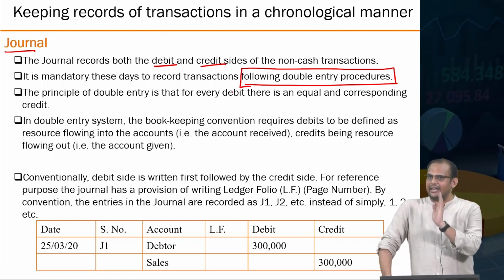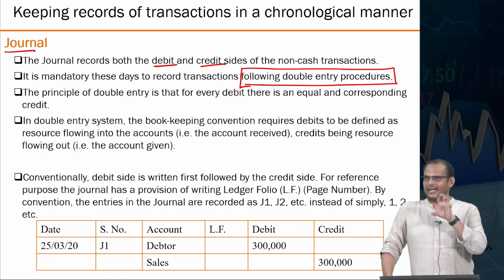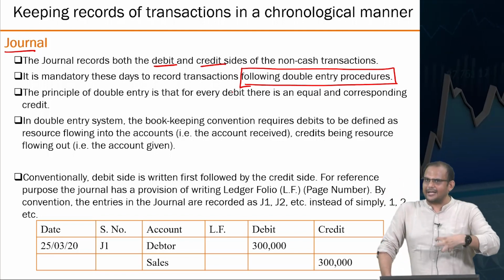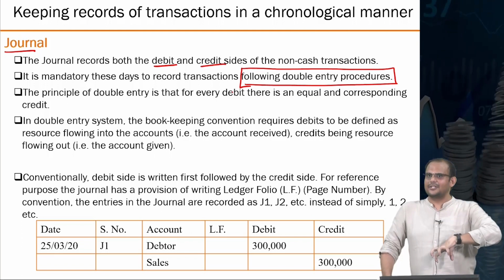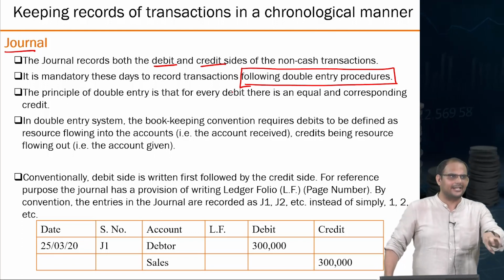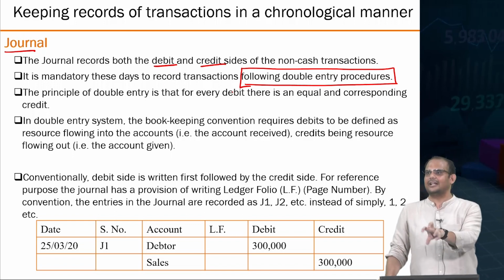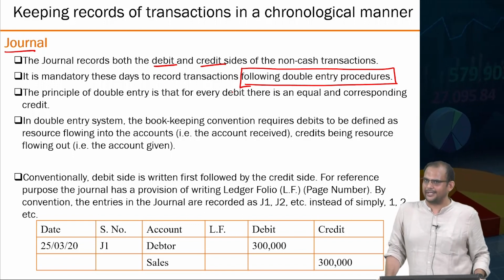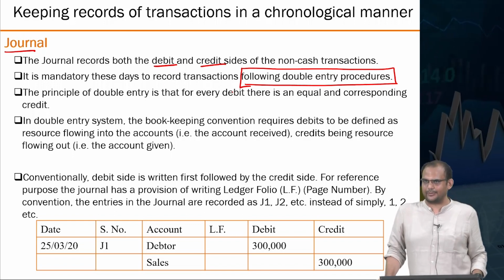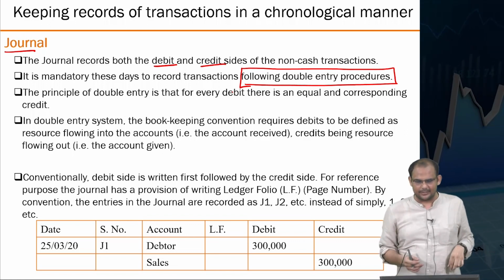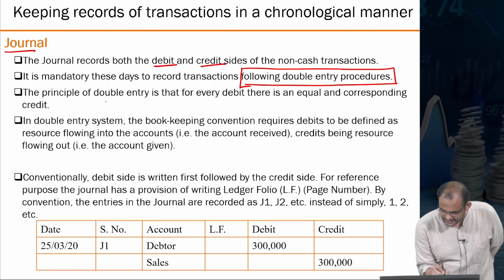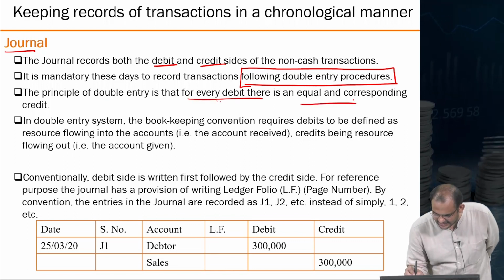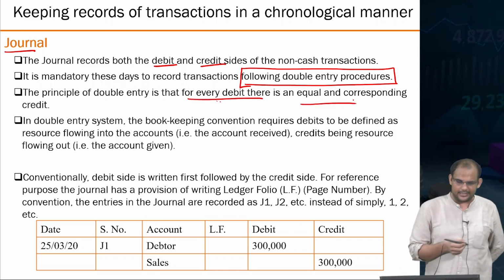Again, it's an entry within your accounts. It's not about my account getting debited and your account getting credited. Within my accounts, one of my accounts got debited and my other account got credited, is the statement I'm trying to make. And I'll give you examples of those as well. Okay, but do remember this principle. In general, for every debit there has to be an equal and corresponding credit.